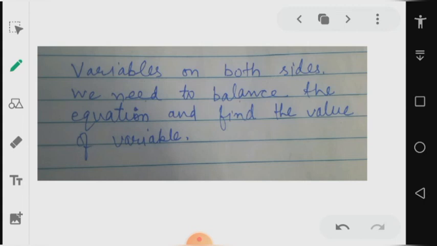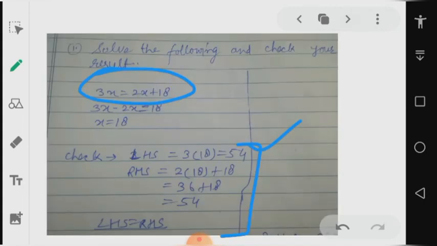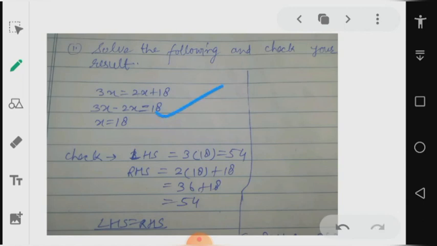The like terms can be collected together on either side, and like terms may relate to the variables or to the constants. So to balance the equation, always transpose the like terms to one side. All the terms regarding x are taken together and all the constant values are taken together.